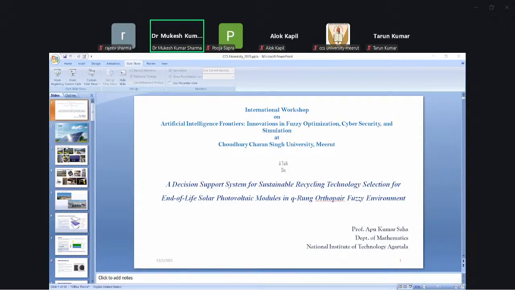These are the properties. For any two Courant orthopair fuzzy numbers Q1, Q2, the distance should always be between 0 and 1. Then the distance between two fuzzy numbers is 0 if and only if Q1 and Q2 are equal. And in this point number 2, maximum distance measures lose their importance, because so many definitions are there.